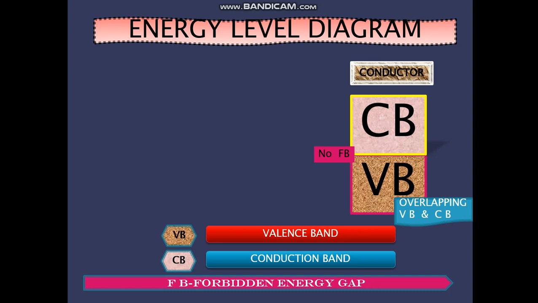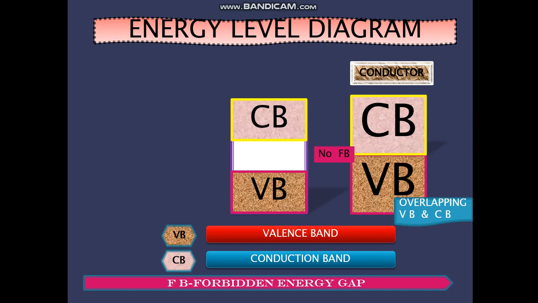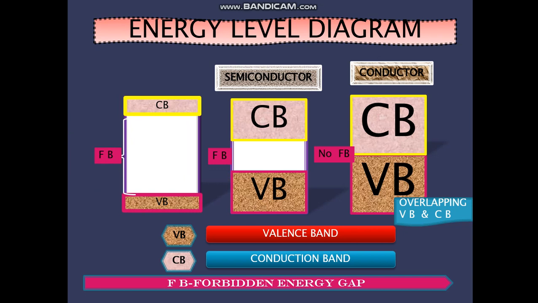Next to the conductor, we have a little bit more gap, that's the semiconductor, wherein at room temperature the electrons in the valence band are not available in the conduction band. Whereas we have the insulators wherein the forbidden energy gap is very large, and the electrons in the valence band do not reach the conduction band.